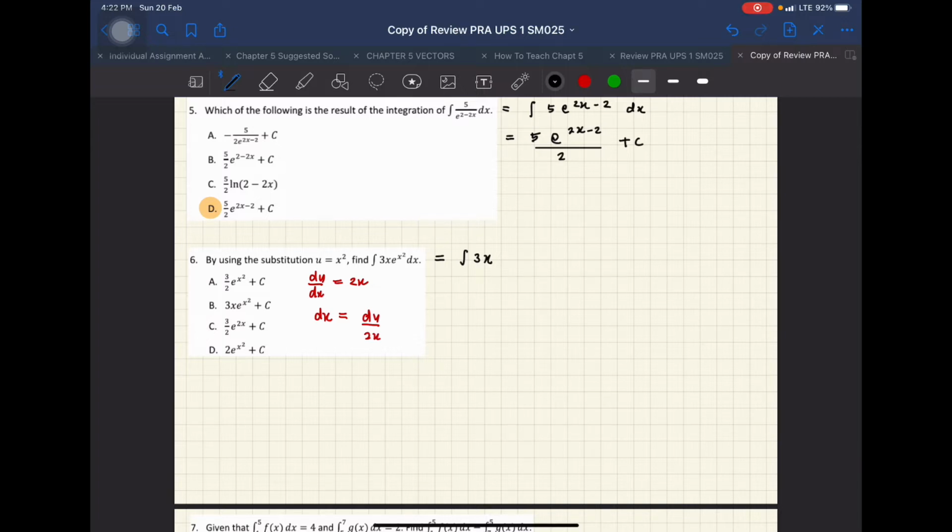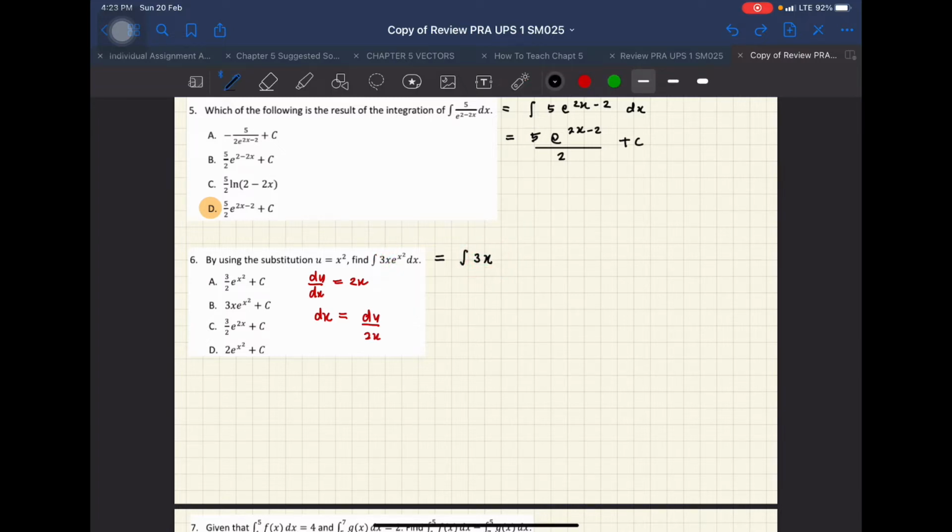Okay, and then oh, sorry, saya ada tersilap sikit. So this is supposed to be x square. Yeah, sorry. Okay, betul. Alright, so this one dia akan stay sebab kita tak tukar dia jadi apa-apa.